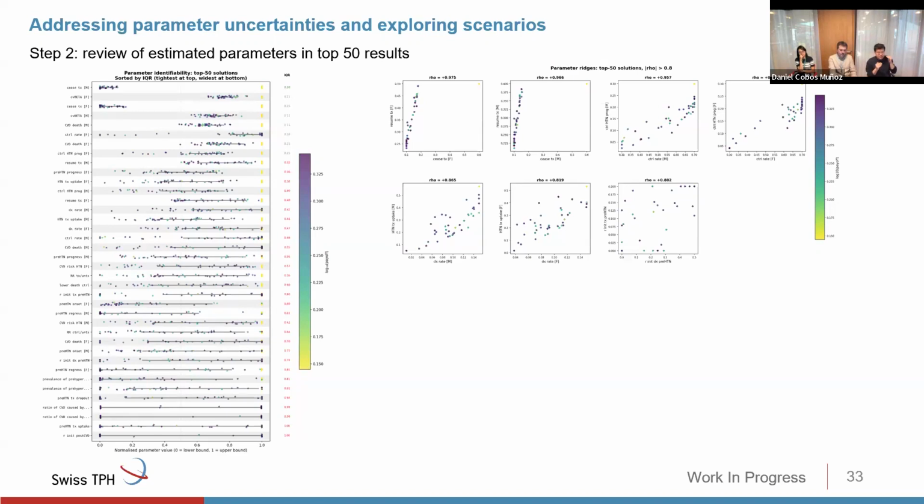So you can see at the top of the field, parameters are very well identified. They're concentrating. So that means no matter where I start my estimation, they actually converge to the same range. But moving down the rank, we can see the parameters in all the calibrations span quite wide. But this is not the whole picture.